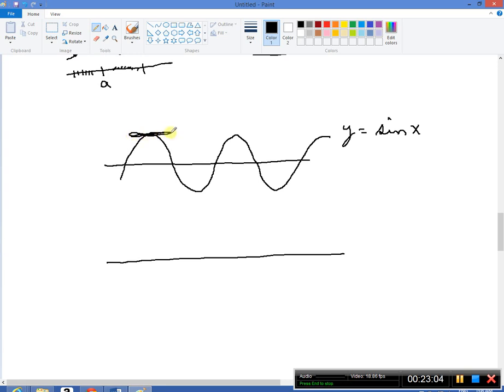If this is a horizontal line, the slope of a horizontal line is 0. So the graph of the derivative, we could call this y prime, the derivative of the sine would have to be 0 right here, where the sine goes up to 1, but the important thing is that there's a horizontal tangent line.